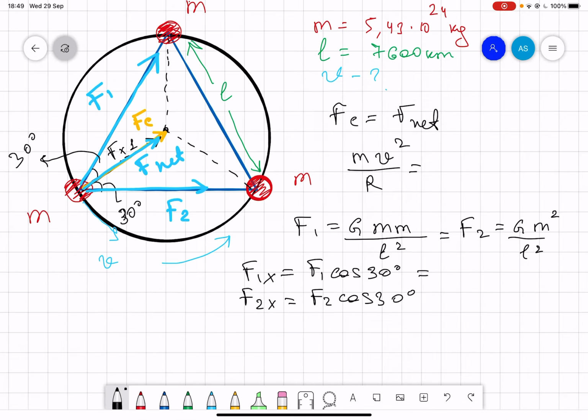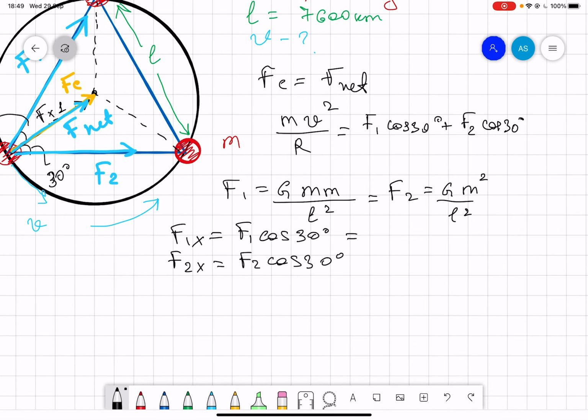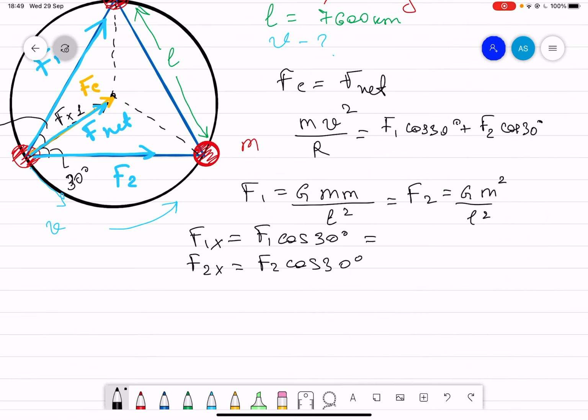So our F net will be 2 times F cosine 30, which is F1 cos 30 plus F2 cos 30, so we end up with 2F cos 30 degrees.